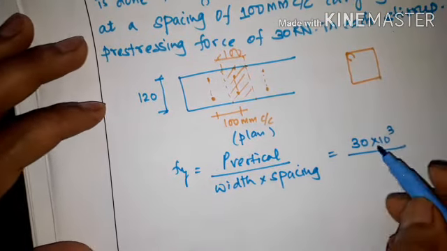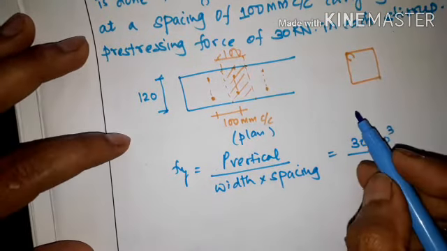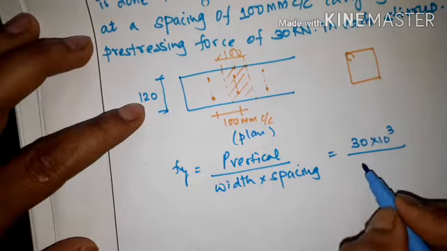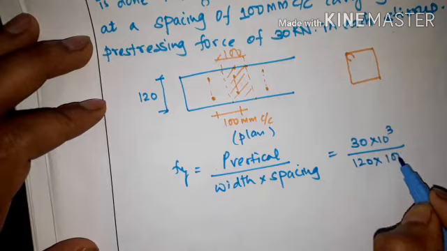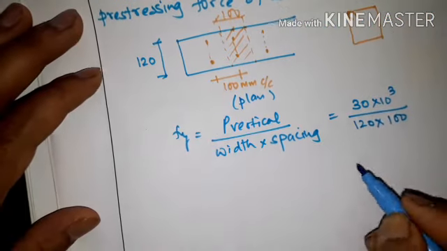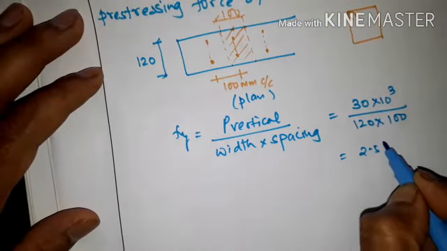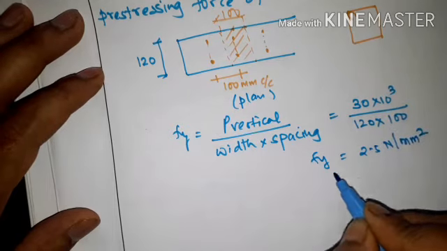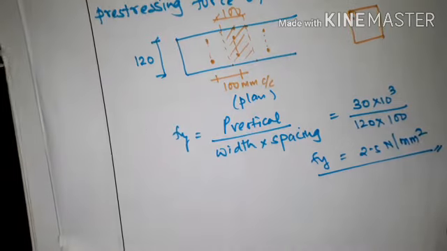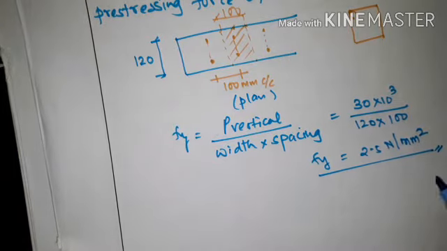Okay, 30 into 10 to the power 3, divided by the width of the beam, which is 120, and the spacing is 100. So this will be 2.5 Newton per mm square. This is Fy. So we can calculate Fy like this also if the pre-stressing force is given. Okay. In the same way we can calculate.